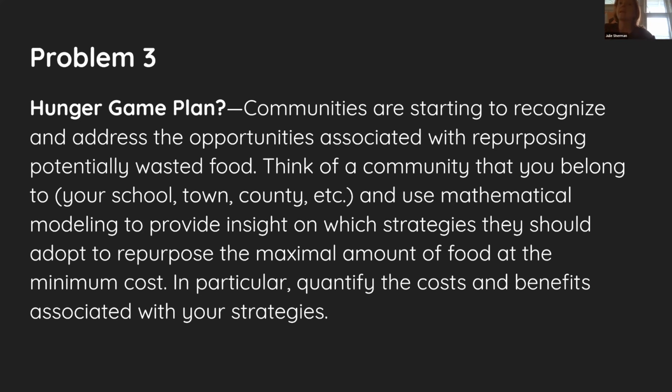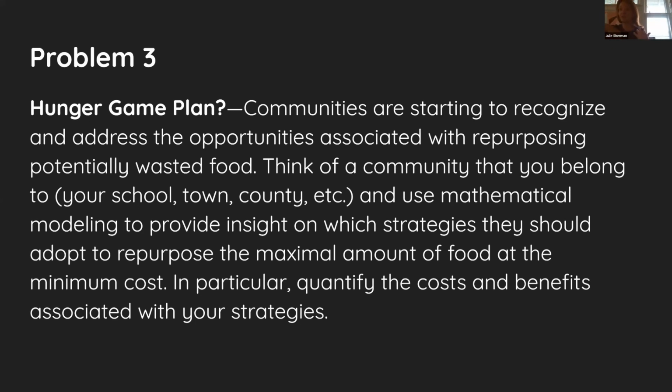And then, of course, maximal food at minimum cost. So maybe before we were only looking at calories or only looking at cost, but now we kind of have to put these together, right? And now the wording of this problem really makes me think optimization problem. So I think that would be a great way to go for this.